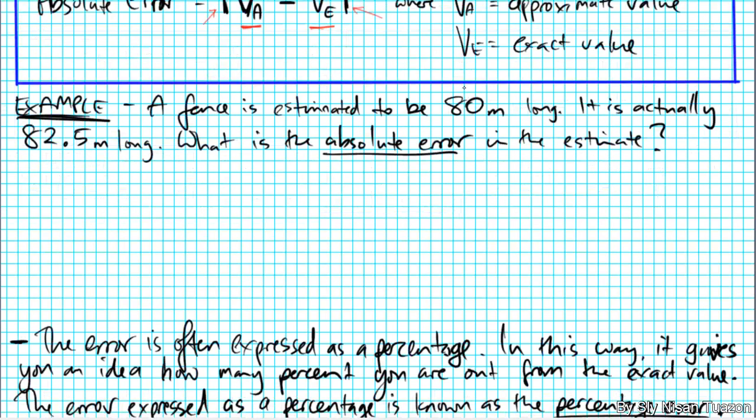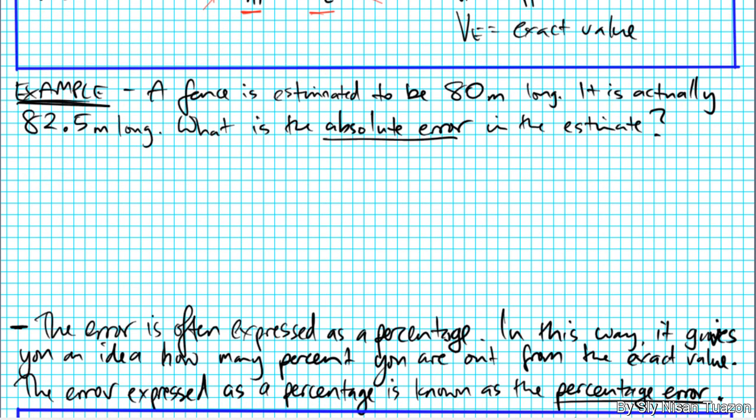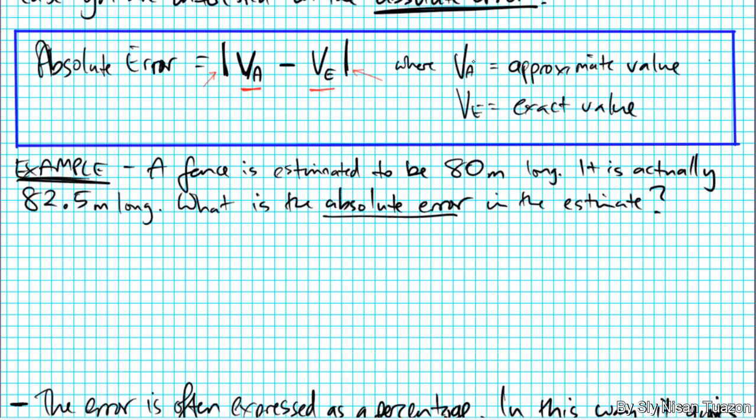So an example would be a fence estimated to be 80 meters long. It's actually 82.5 meters long. What's the absolute error in the estimate? Well, I've already given the formula.